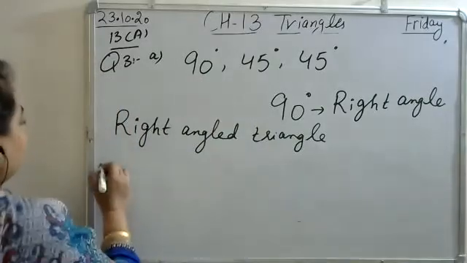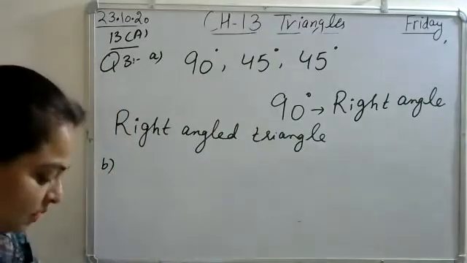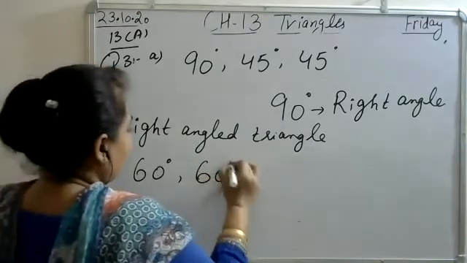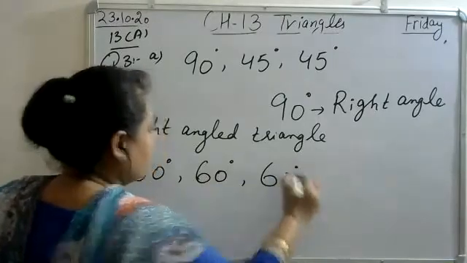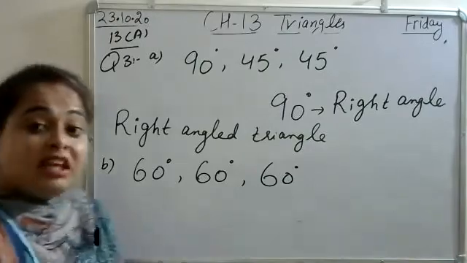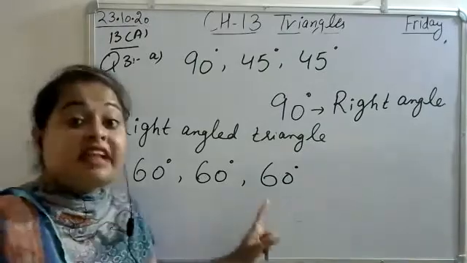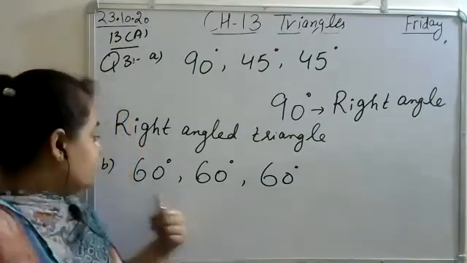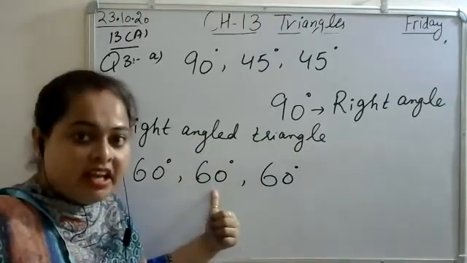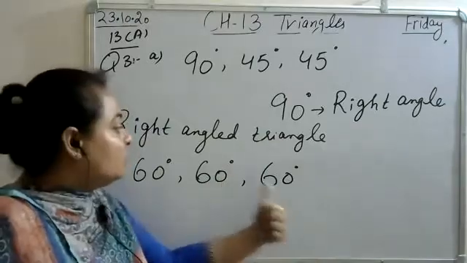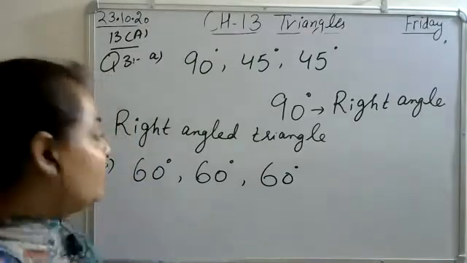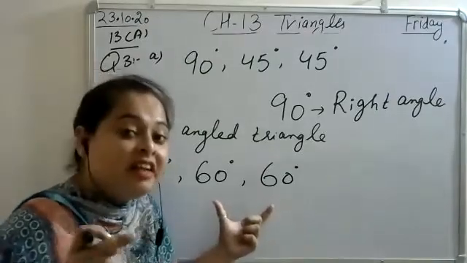Now come to the B part. 60, 60, 60 degree. All three angles are less than 90. Look here. 60 degree less than 90. Second 60 degree less than 90. Third 60 degree less than 90. All three angles are less than 90.